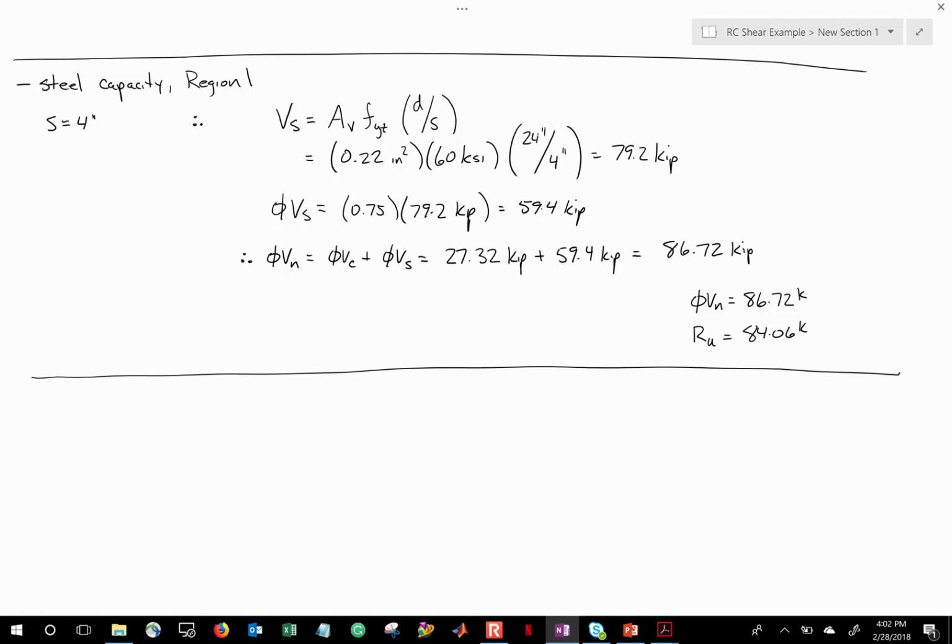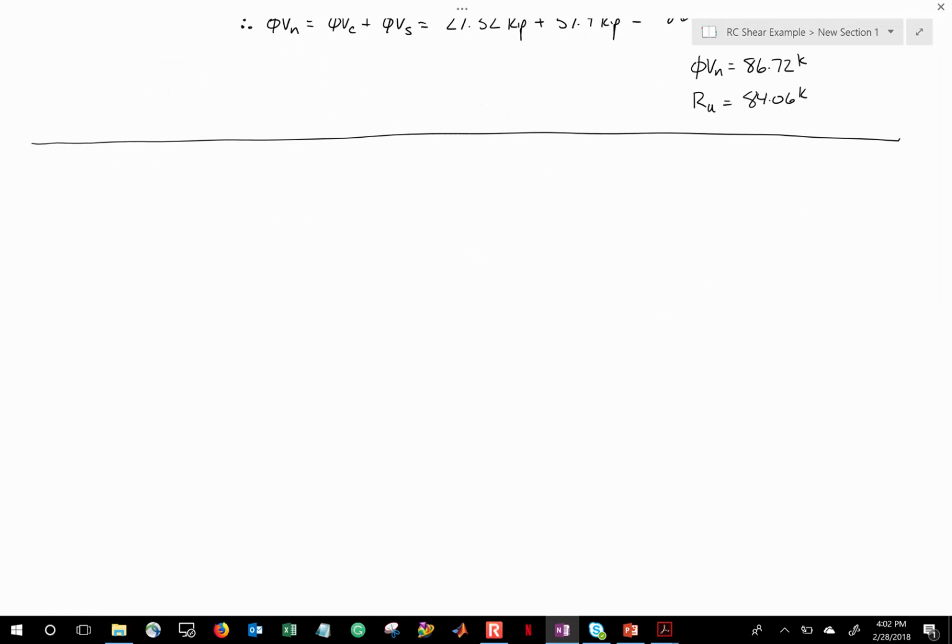Instead, I'm just going to summarize this in a pretty nice, neat little table. So for remaining regions, we'll say range, we'll say S, we'll say ΦVS.